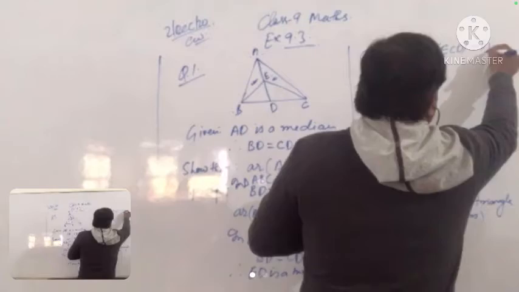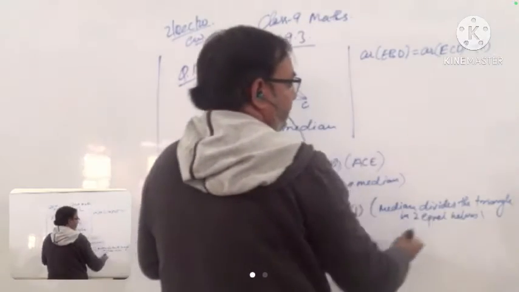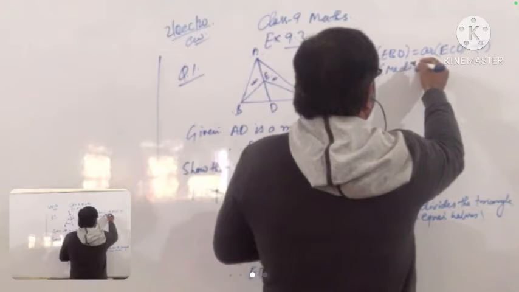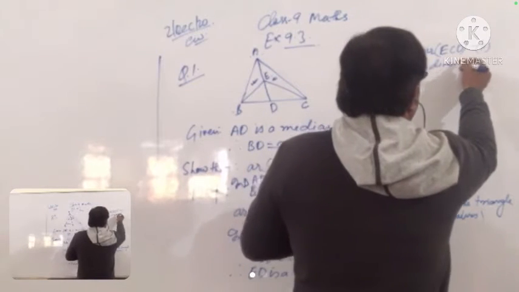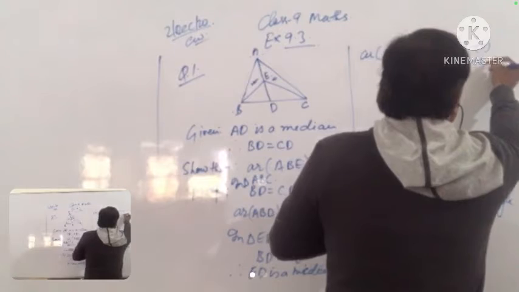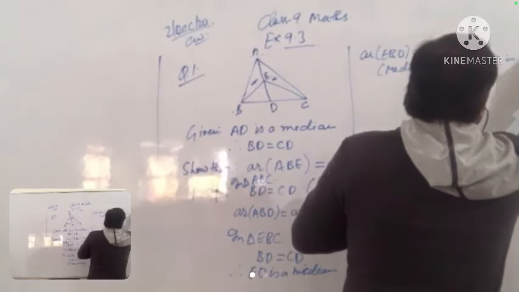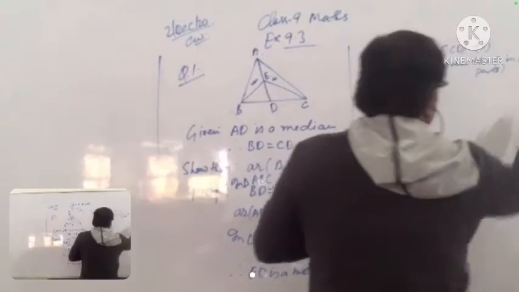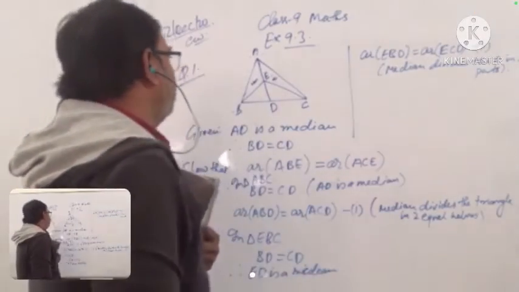And this is the second. By the same reason, median divides the triangle in two equal parts or halves. Whatever you want to write, लिख सकते हो. Halves and parts are the same.